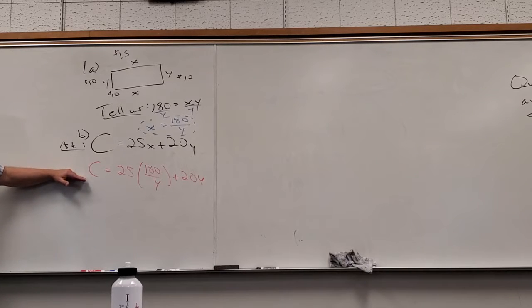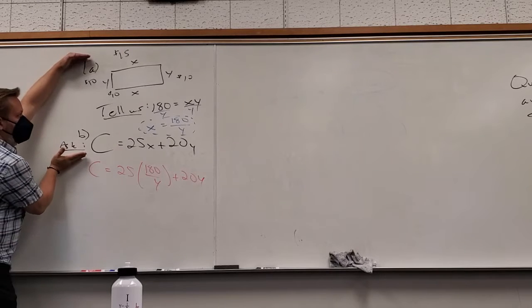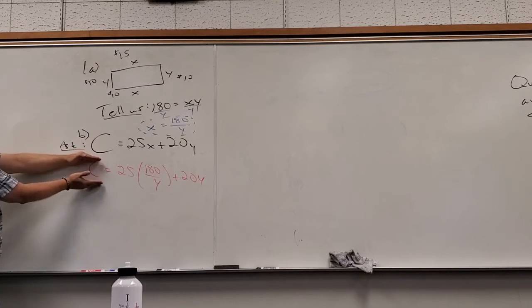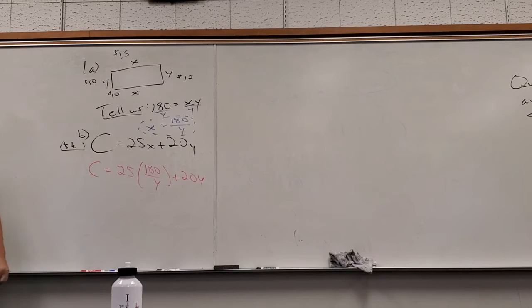Take the derivative. There we go, right? So all of this was just trying to make a problem like in section 4.1. Now that we've set this up, we're back in section 4.1. It's just they didn't tell us the equation. We had to make the equation, right? Now it's just find the minimum. Take the derivative, set it equal to 0, or where it's undefined, and so on.